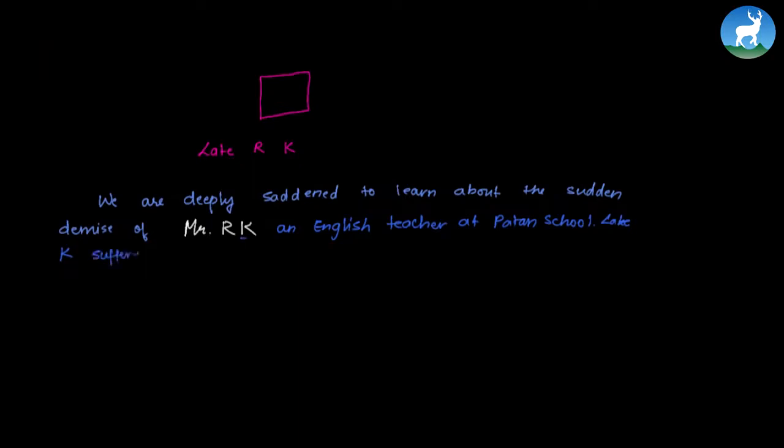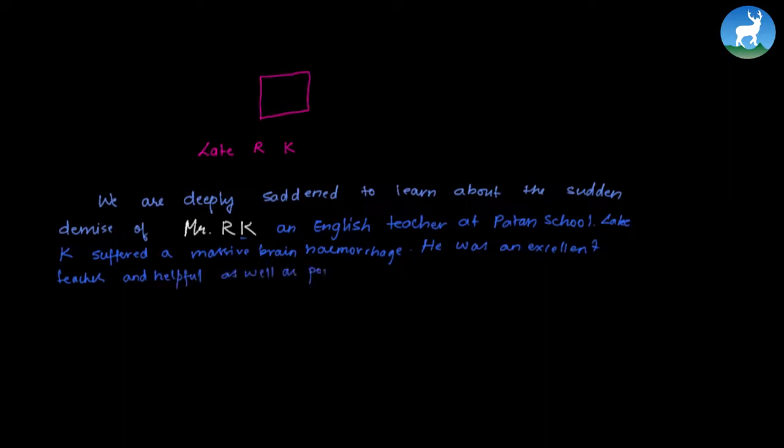Now, maybe elaborate a little bit about his behavior. He was an excellent teacher and helpful, as well as popular among his colleagues. You can write maybe, because you're a student, popular among students for his kindness.